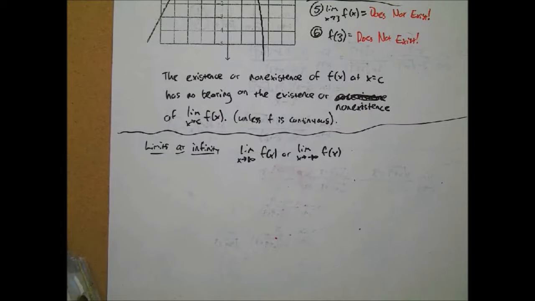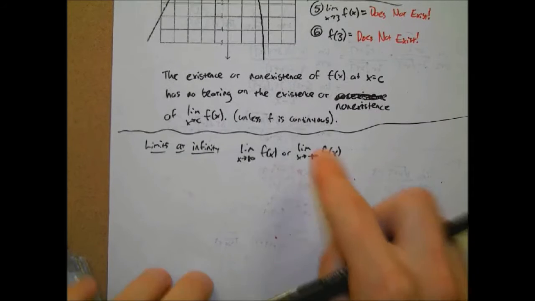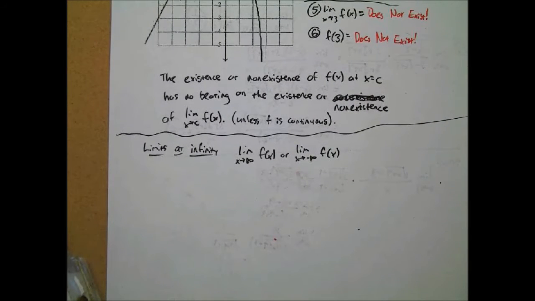Now, we've already kind of been doing this. If x is approaching positive infinity, that means we're trying to figure out what happens as x goes really, really far to the right. Or if x is approaching negative infinity, that means we're trying to figure out what happens to our function as x goes really, really far to the left.